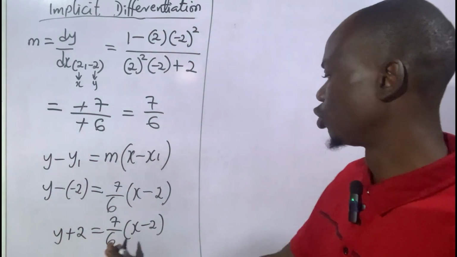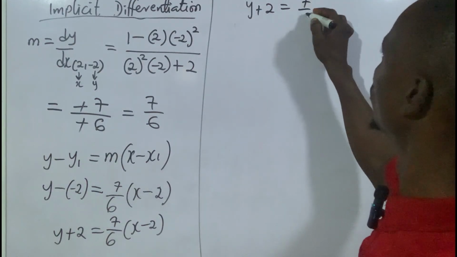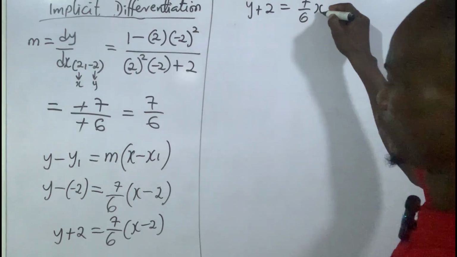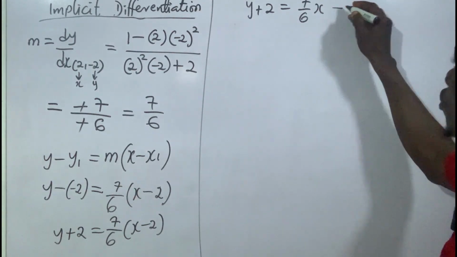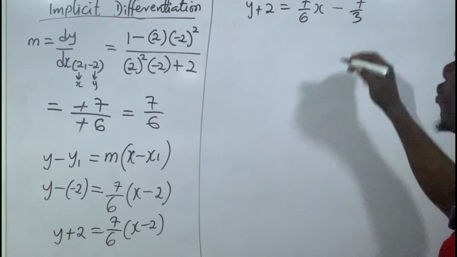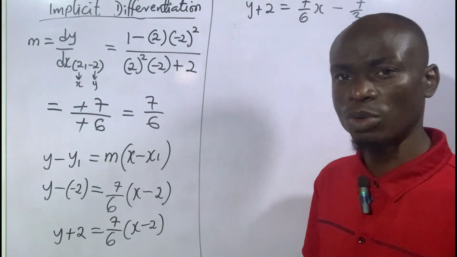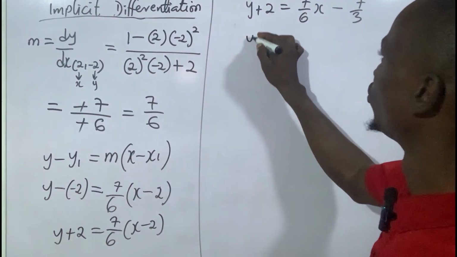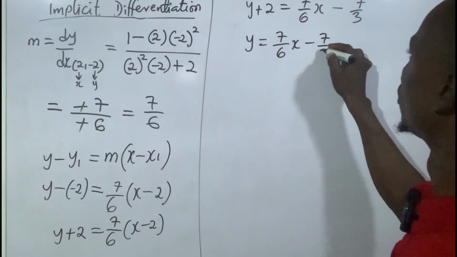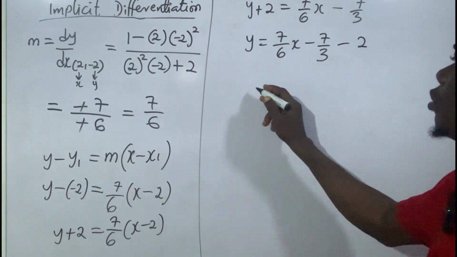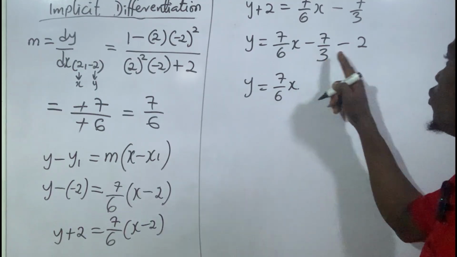So going further from here, open up the bracket on the left, so we have y plus 2 equals 7 over 6x, 7 over 6 times 2. If you use your calculator, it will give you minus 7 over 3. So collect like terms. Maybe we want to make y the subject of the formula. So that will be y equals 7 over 6x minus 7 over 3 minus 2.